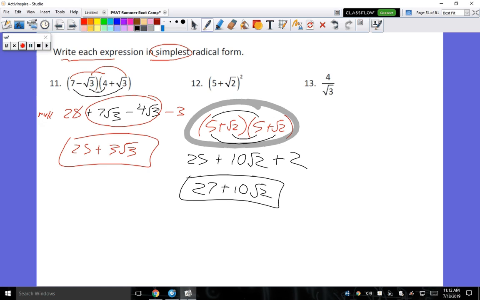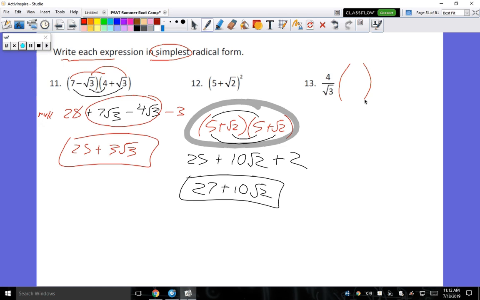And the only thing that we have to do on number 13 is what? Rationalize the denominator. So multiply by a form of 1. Now, pay close attention to what I'm showing you right now, because we're going to do the same thing in a minute, but it's different. And I want you to tell me why, okay? So 4 over root 3, we multiply by a form of 1.